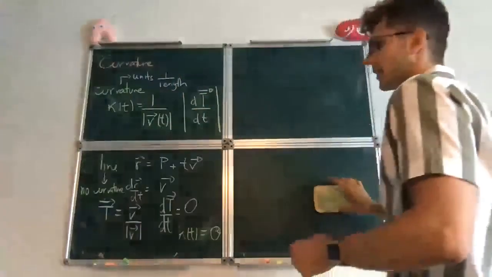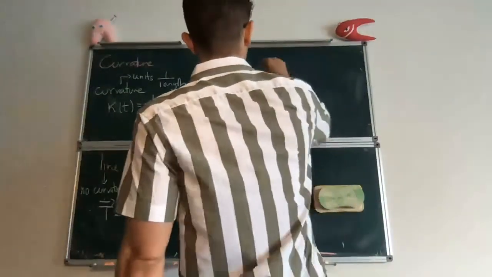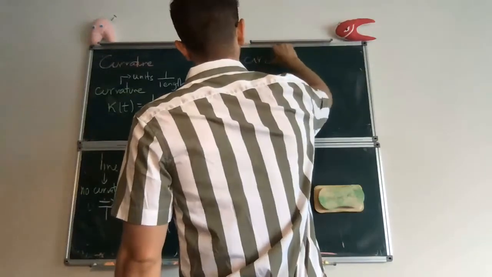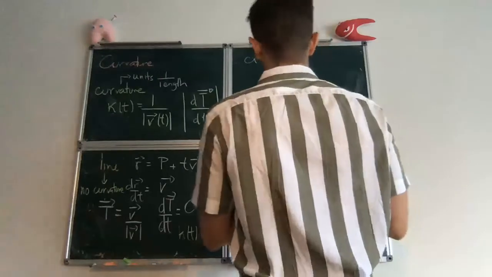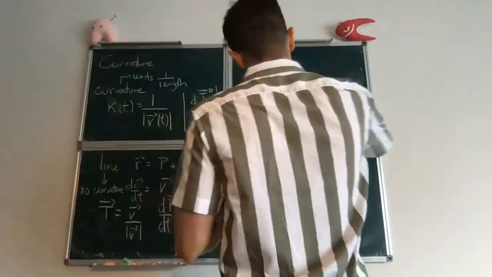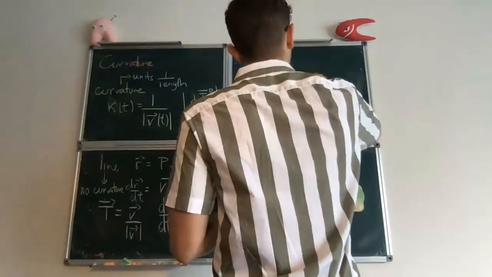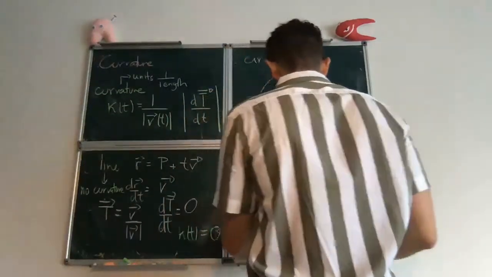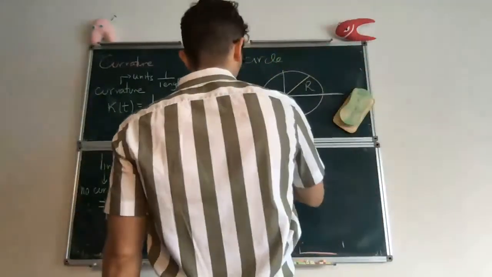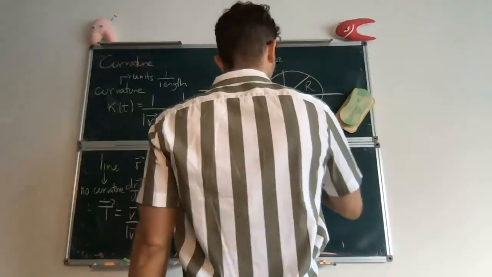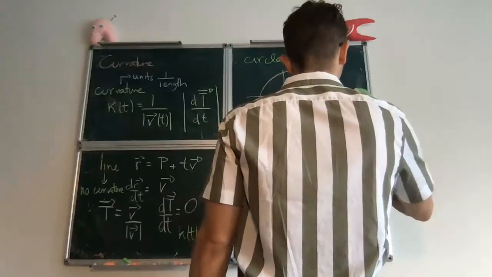Another example is a circle, the circle in the plane. This is more interesting. Let's say you have a circle of radius r. A parametrization of the circle, or a formula for the equation of a circle, is r cosine of omega t, r sine of omega t.